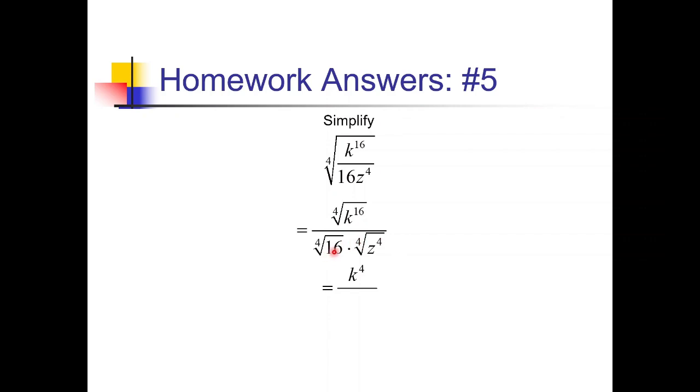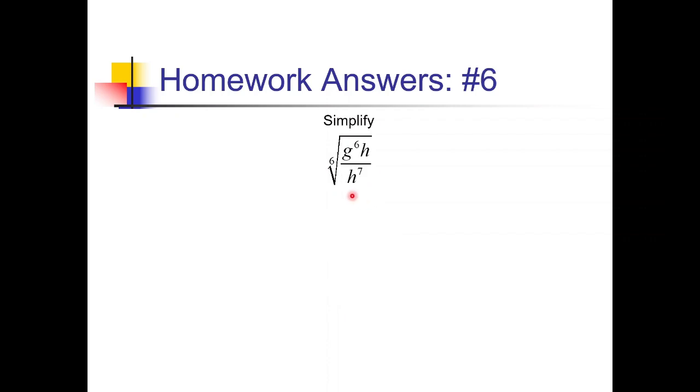So 4th root of 16 is going to be 2. And then 4th root of z to the 4th, I've got 4 divided by 4 is 1. Since it's becoming an odd power, but it used to be an even power, I need to include an absolute value around my z. And then this is as simplified as it's going to get.